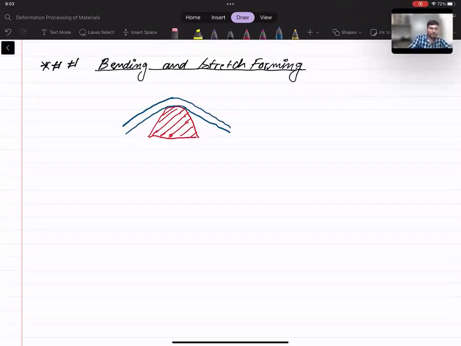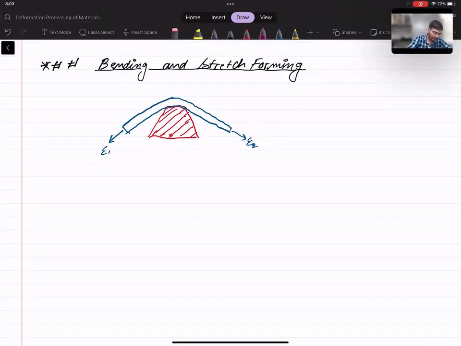So like this, we can bend the sheets. There will be strains on both the sides, but these will not be the same in any case. There may be very slight difference, but they will not be exactly equal.